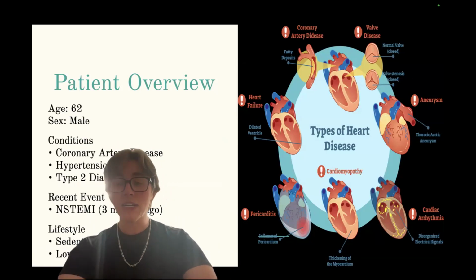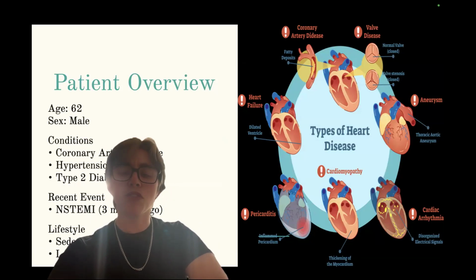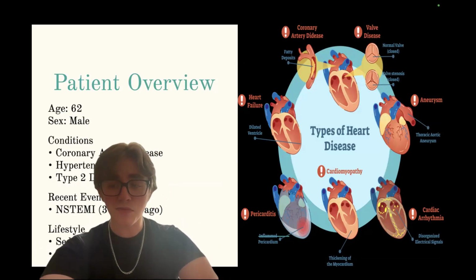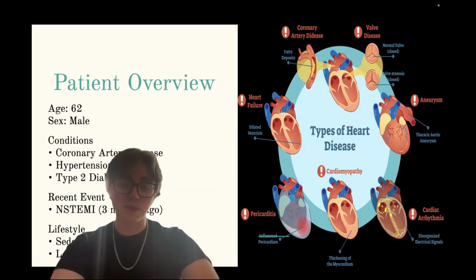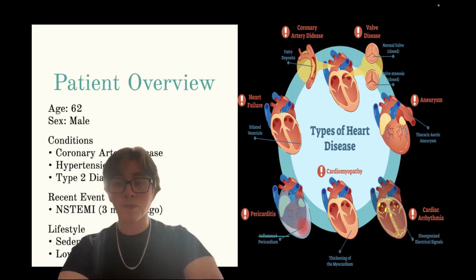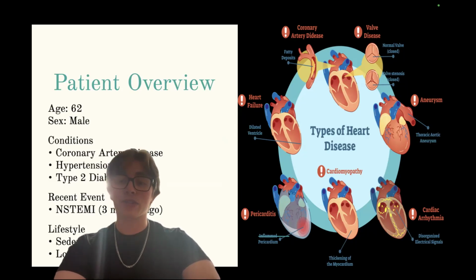Since then, he's been cleared for exercise, but with caution. His lifestyle is mostly sedentary, and he doesn't have much experience with structured exercise. When you look at his overall picture, this is clearly a higher risk patient. He has multiple chronic conditions and a recent cardiac event, which means we need to be very careful with how we approach exercise testing.